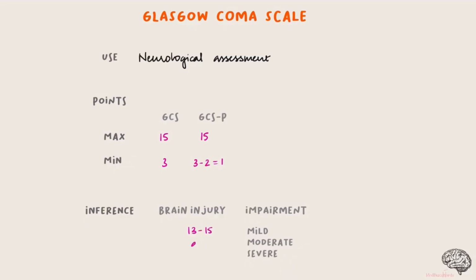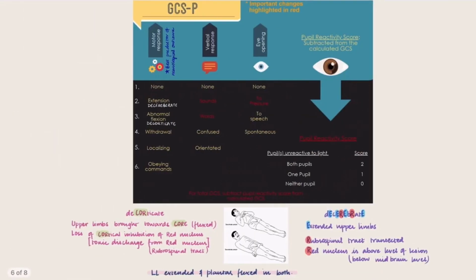A GCS of 9 to 12 is considered a moderate brain injury, and anything less than 8, which means 3 to 8, is a severe brain injury, and a patient almost always needs to be intubated when GCS drops below 8.